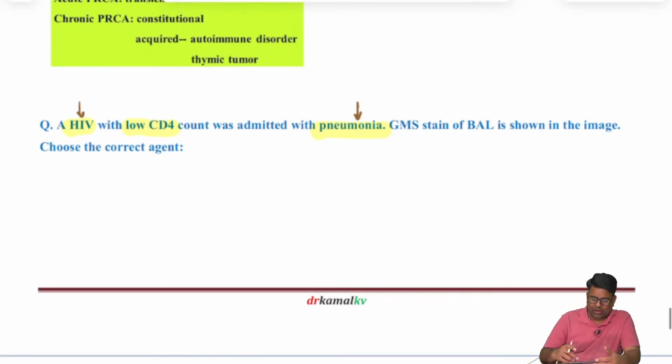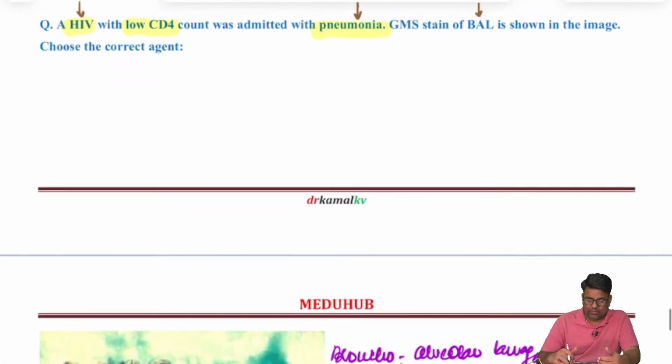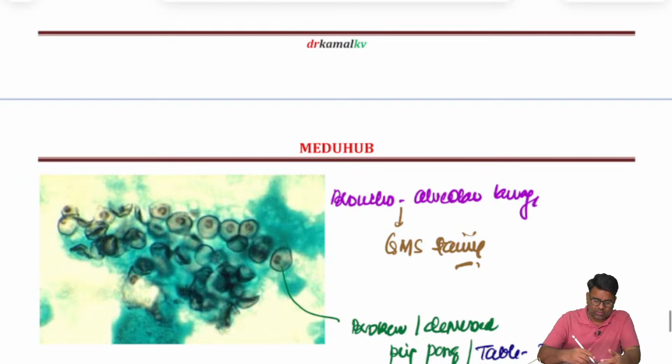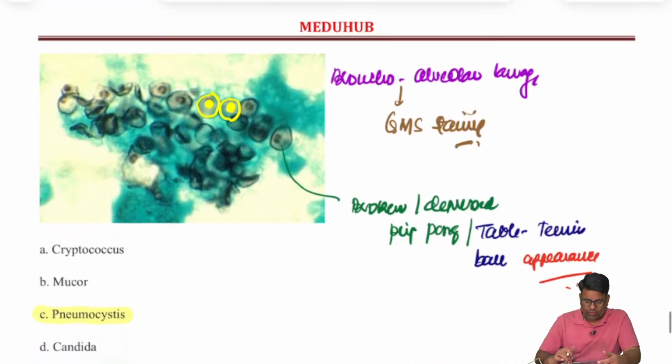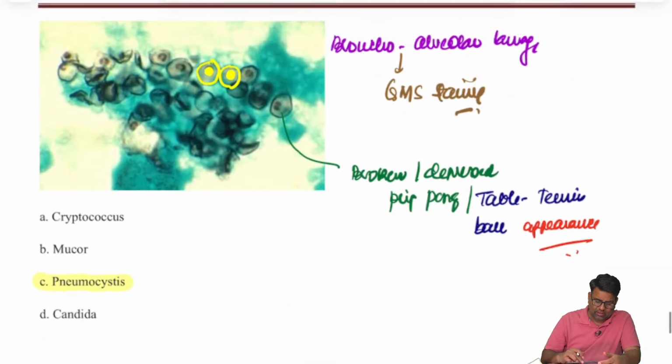So this is classical, and bronchoalveolar lavage is an ideal substance for demonstrating Pneumocystis carinii. If you look here, these are the cells, and there is a depression in the center, similarly something like this. So this is a classical picture for Pneumocystis carinii, right? In Gomori methenamine silver stain you will see this kind of picture. So think of Pneumocystis carinii.